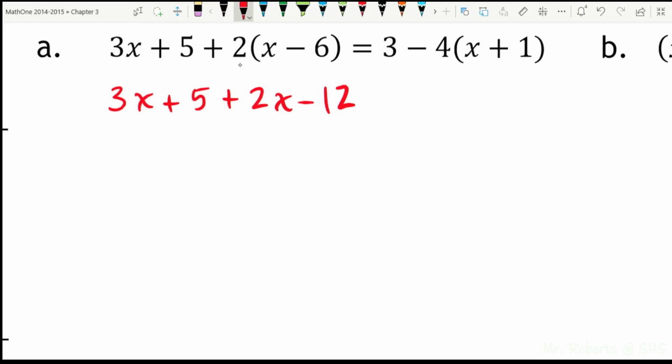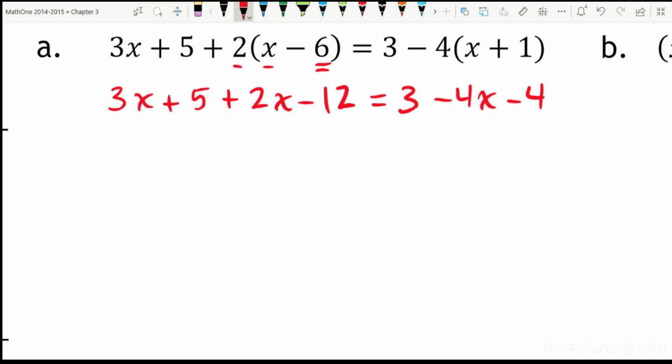And you can see I just multiplied 2 times each of these terms, right? There was a term of x and a term of -6, and that's what I get. On the other side, I've got 3, and again, I'm going to use the simplest form of the thing we call the distributive property, 3 minus 4x, and then minus the number 4. Okay. I'm going to collect like terms on the left-hand side.